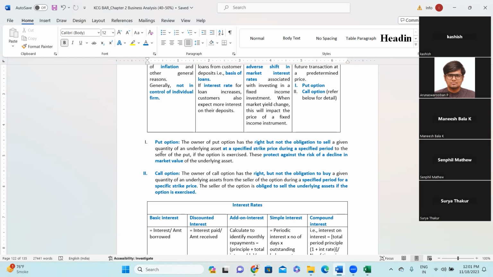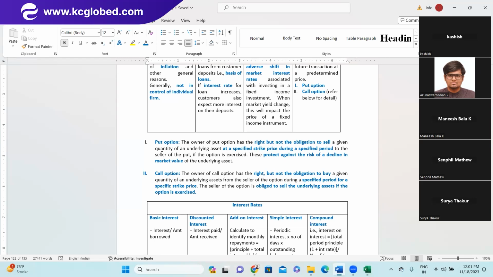The earlier example which we were discussing about external commercial borrowing, that means after 6 months you have to purchase €1,050,000, and you have taken a call option, that means after 6 months you can purchase the euro at this particular price. If the prices are more, then you'll be exercising the call option. Make sense?